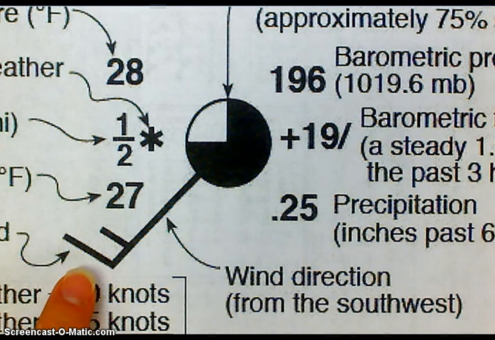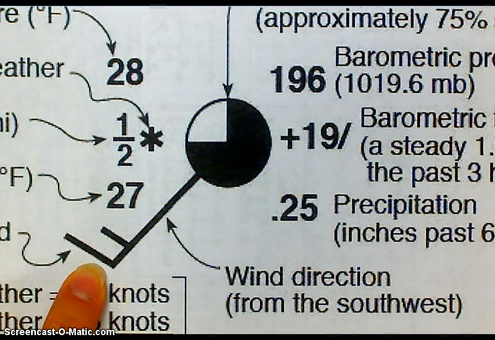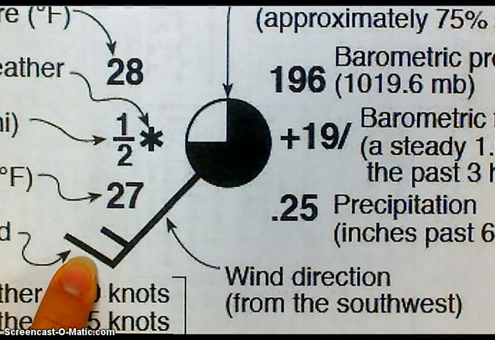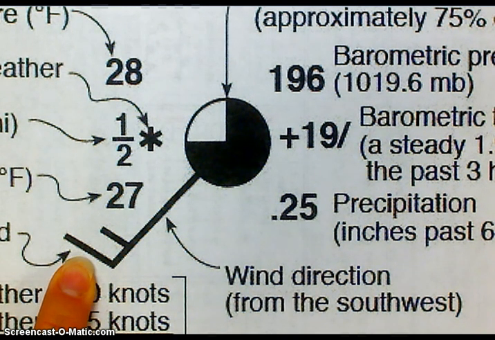Okay? On the end of the stick are going to be some, they call them feathers, flags, whatever. If it is a full feather, that's 10 knots, which a nautical mile is not equal to a normal statute mile, but it's not super far off, so we're just going to not worry about the difference for this class.